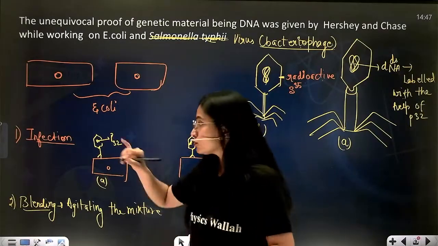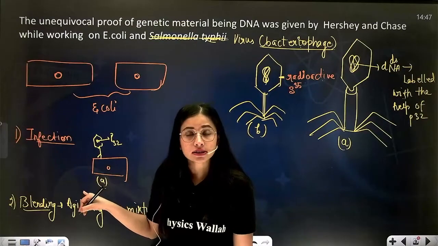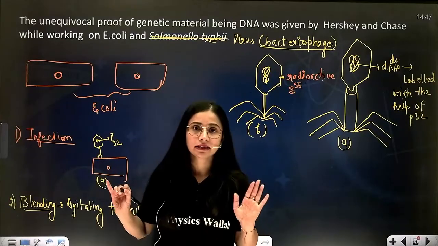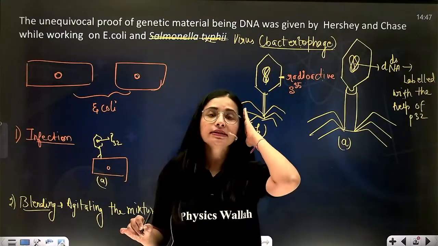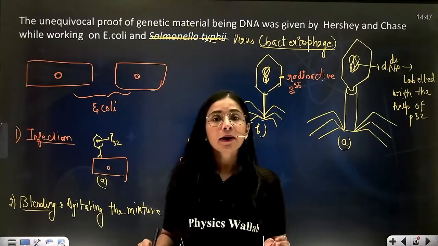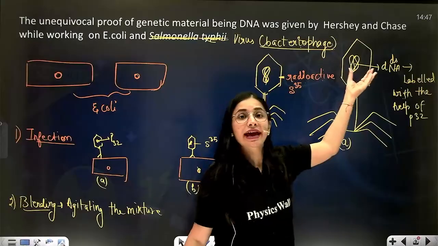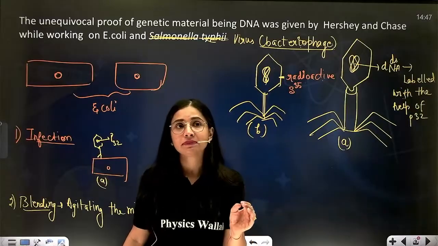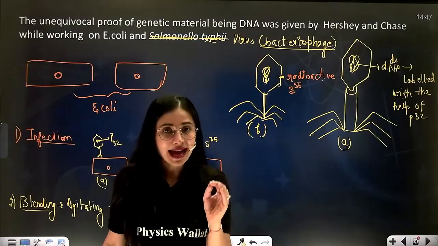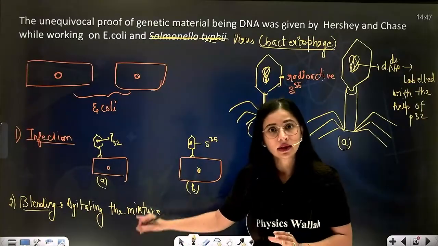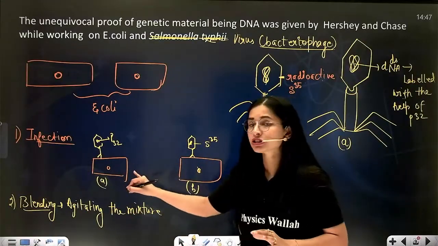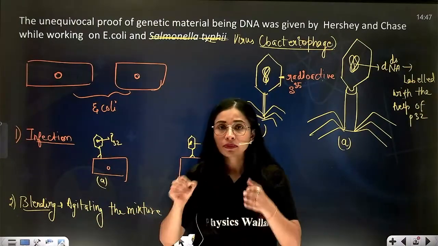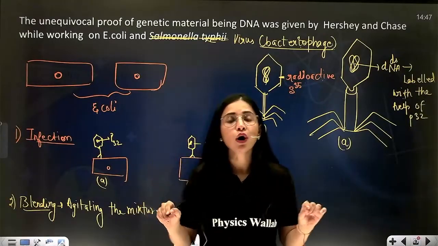That lysozyme soon after infection punctures the wall of the bacteria and lets its genetic material enter inside. I am repeating once again, listen to me carefully. These bacteriophage heads, apart from having genetic material, also have enzymes like lysozyme. As soon as the bacteriophage attaches to the E. coli, the lysozyme enzyme is released, which punctures the wall of the bacteria.